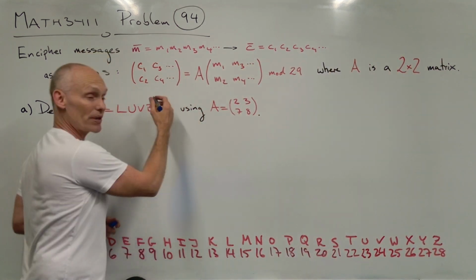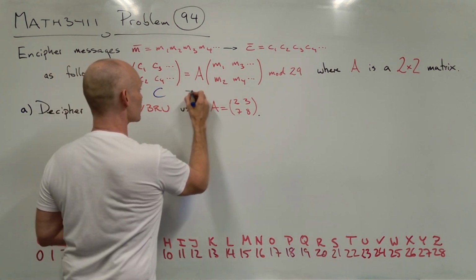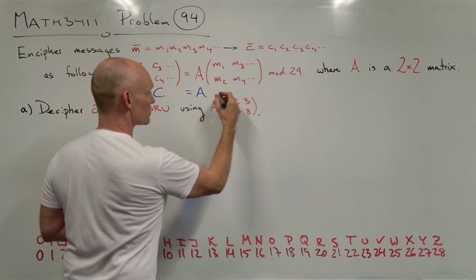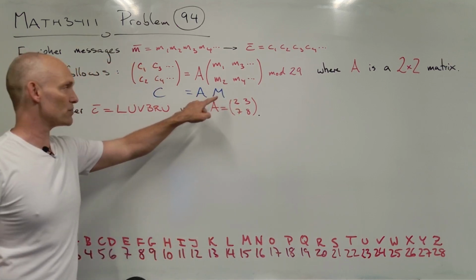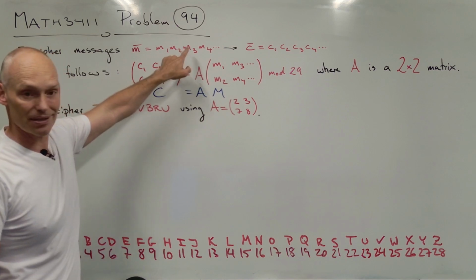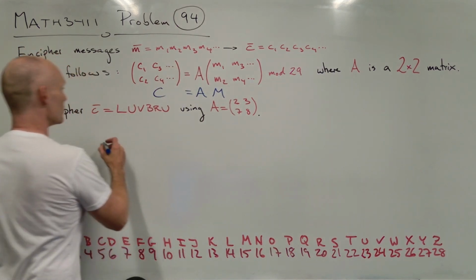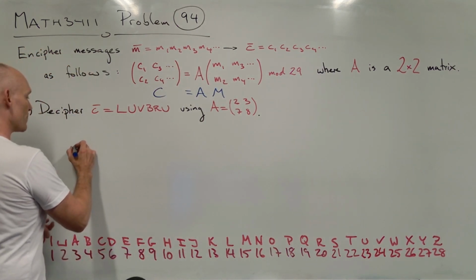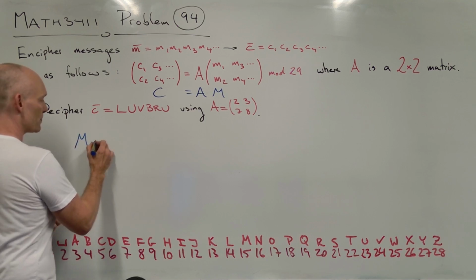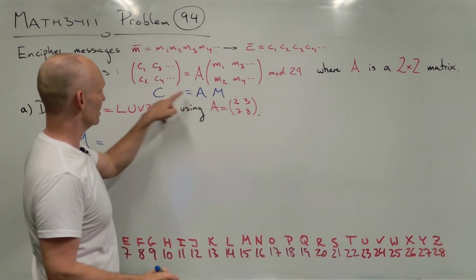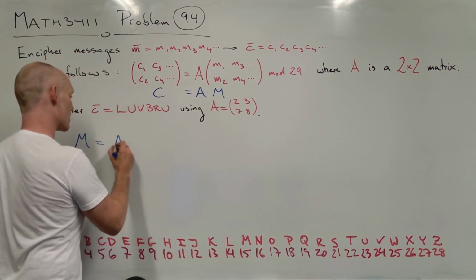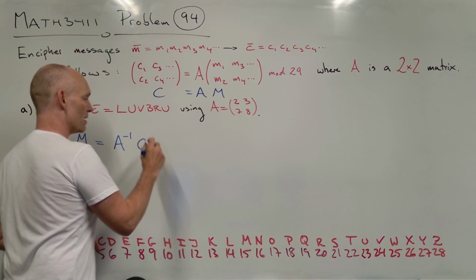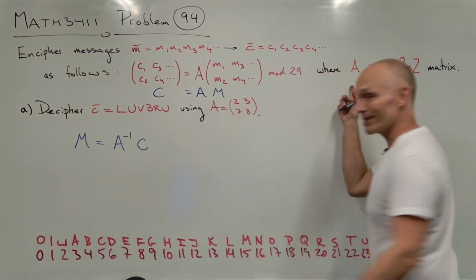If we call this matrix C, then we've got that C is equal to A times this matrix here, which we could call M. So we want to know the matrix M, because then we can find the message, the plaintext. So this matrix M is equal to, I suppose, the inverse of A times C. And what is the inverse of A?